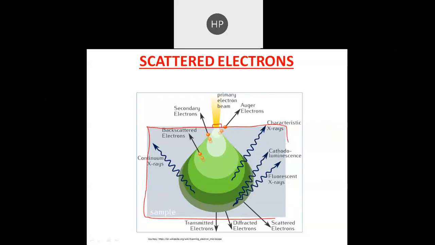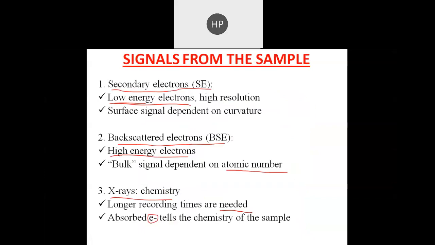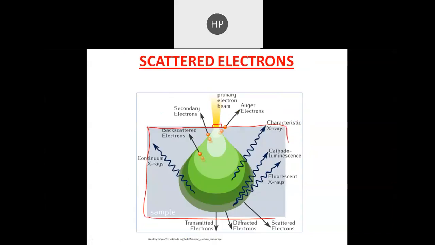As we know, secondary electrons are low energy electrons. So as they enter the specimen, they will lose their energy and reflect back, because they do not have high energy, so they cannot go in deep.